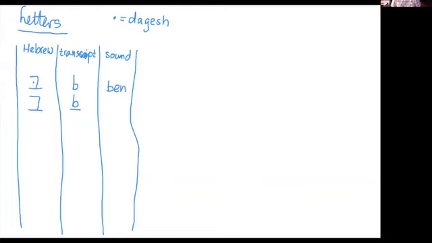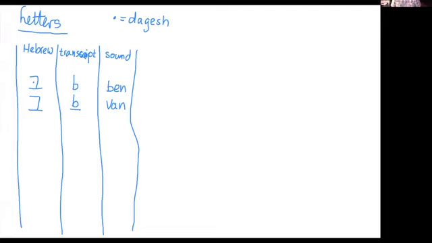And the V sound, as in van. So that's the pronunciation, how you pronounce the letter. The B is transcribed like this. You have the V, and it's transcribed with a small line under it.